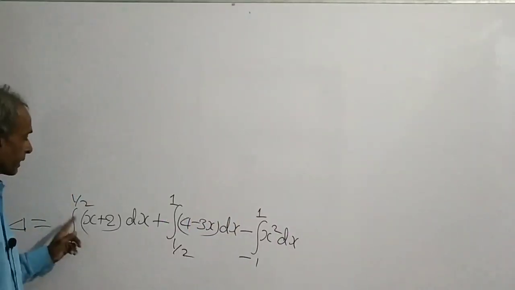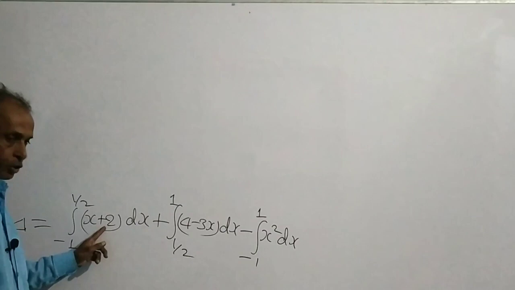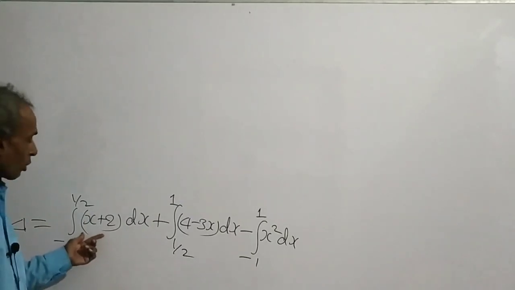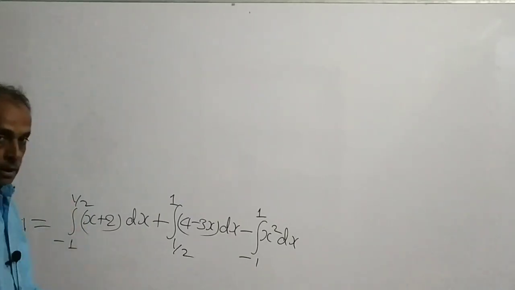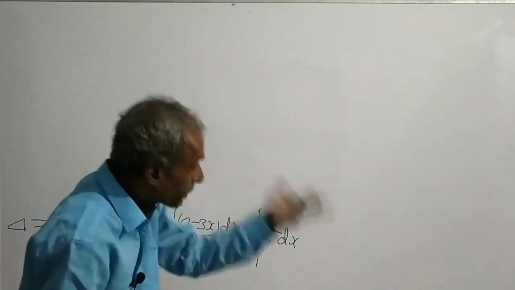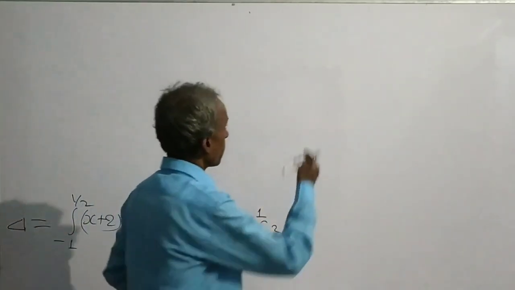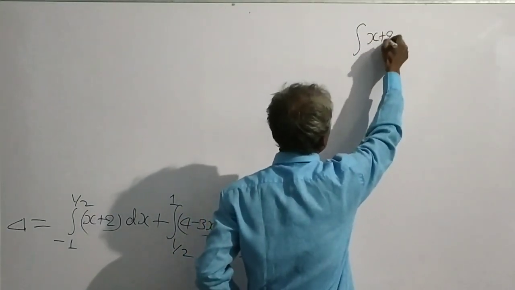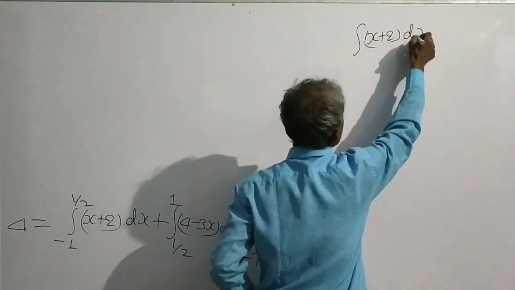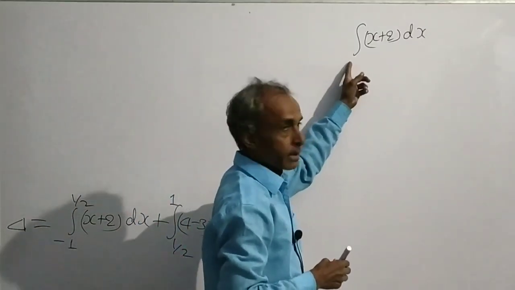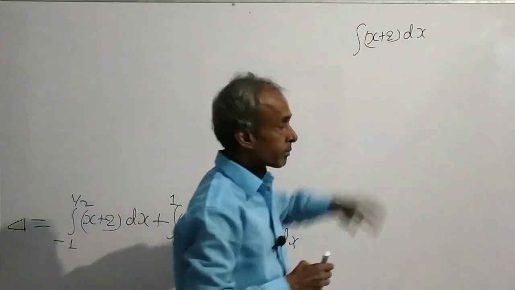Here is the definite integral of x + 2 with limits -1 to 1/2. To find the value of this definite integral, we will first find the indefinite integral. That means the integration of x + 2 dx without writing the limits of integration.